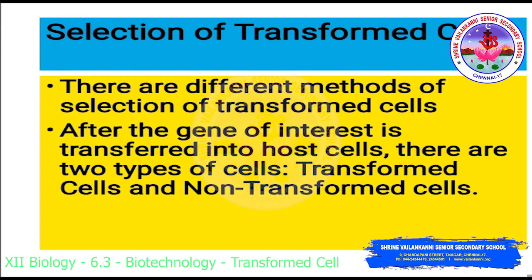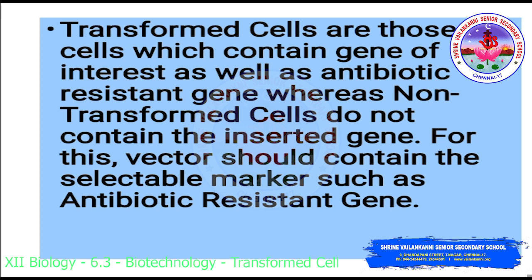In the last video we discussed that there are two types of cells, transformed cells and non-transformed cells. Transformed cells contain the gene of interest as well as the antibiotic resistant gene, whereas non-transformed cells do not contain the inserted gene.